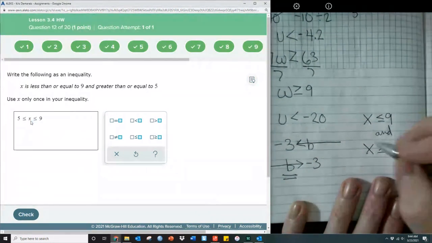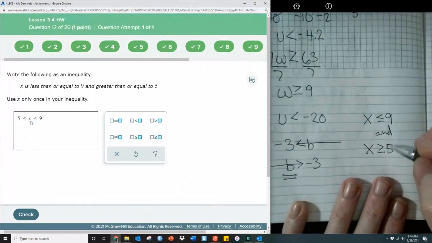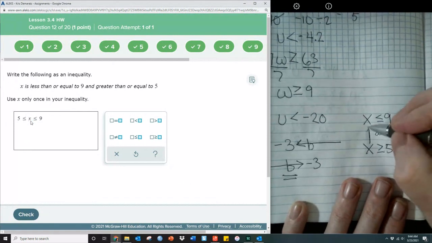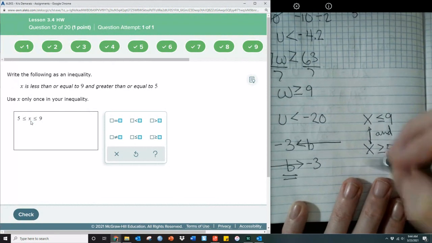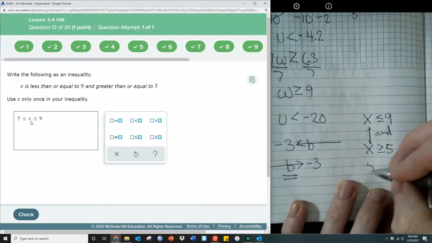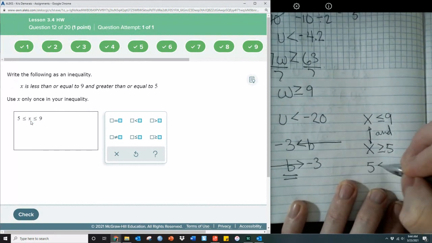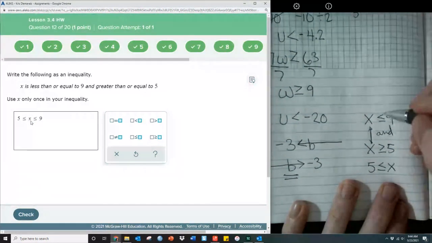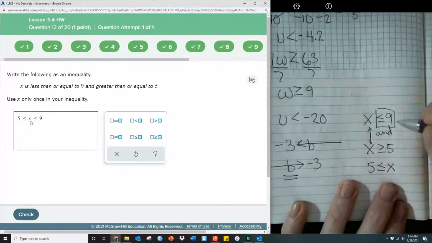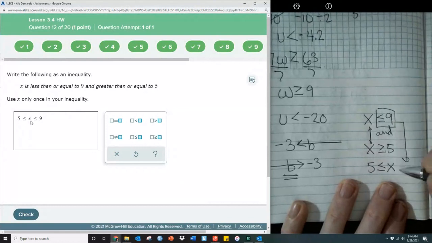When you have a situation like this, you can look at it as combining these two x's together as one and flipping it. In other words, write it this way. So that way you can just write this part down here.